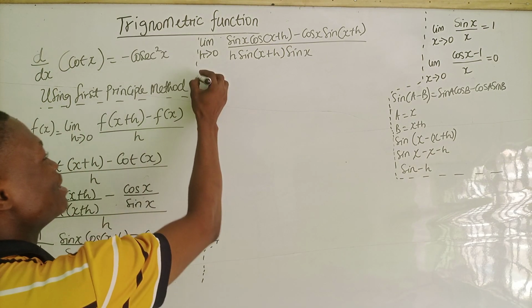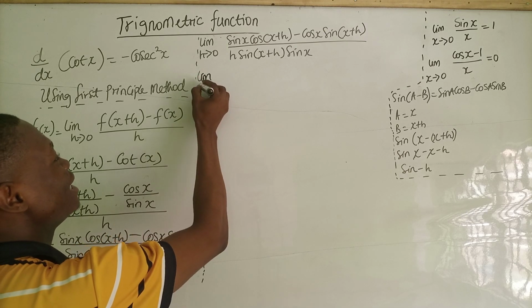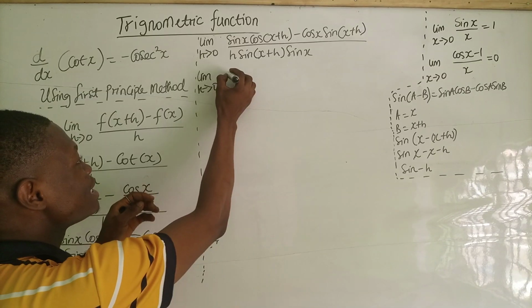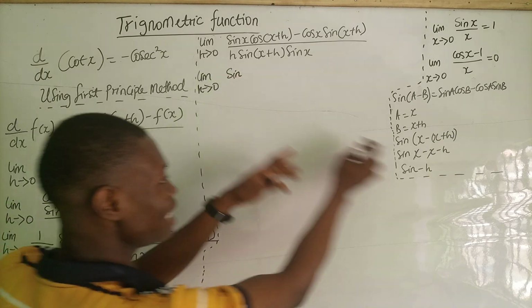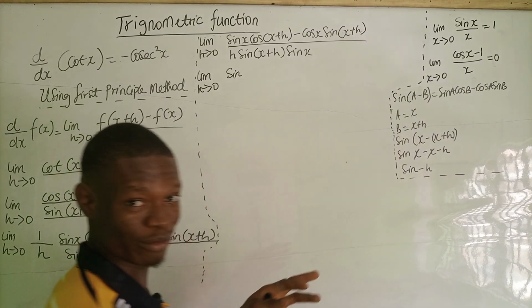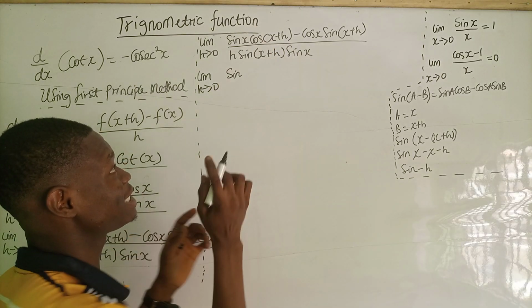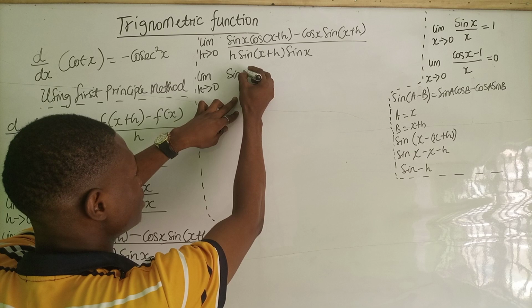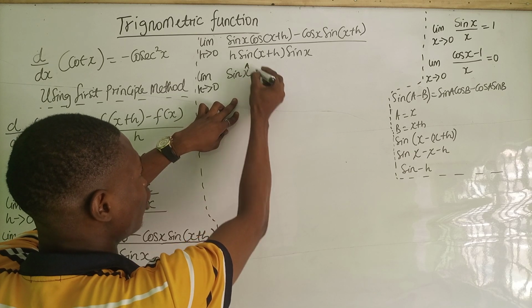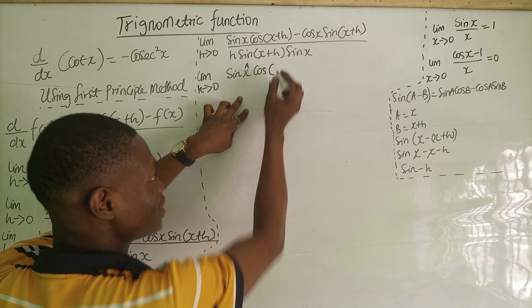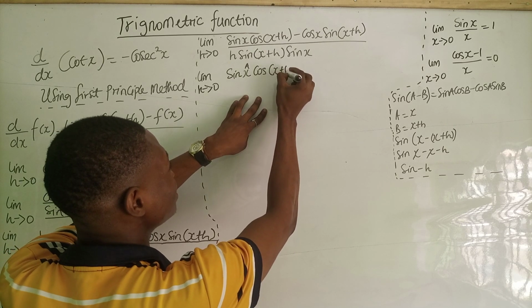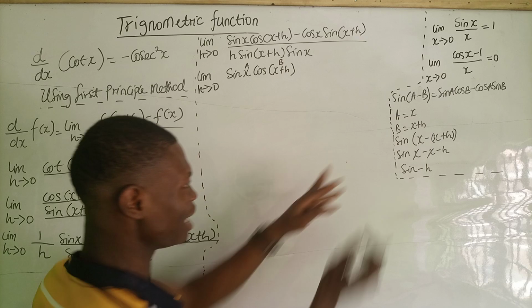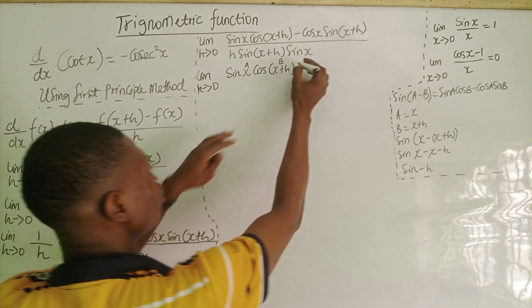So watch and see. We are going to have the limit as h approaches 0. Let's relate this thing to this formula I gave you here. Can we call this x a? We can call it a. Let's write a on top of sine. Cos x plus h, let's call this one b so that it can imitate this sine A minus B here.